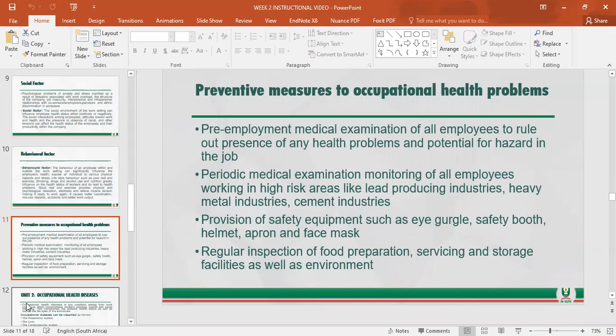When you say pre-employment medical examination, what do we understand by that? During pre-employment medical examination, it helps employers to know your medical status. And when your medical status is known, it guides the employers to know where to place you in terms of unit.